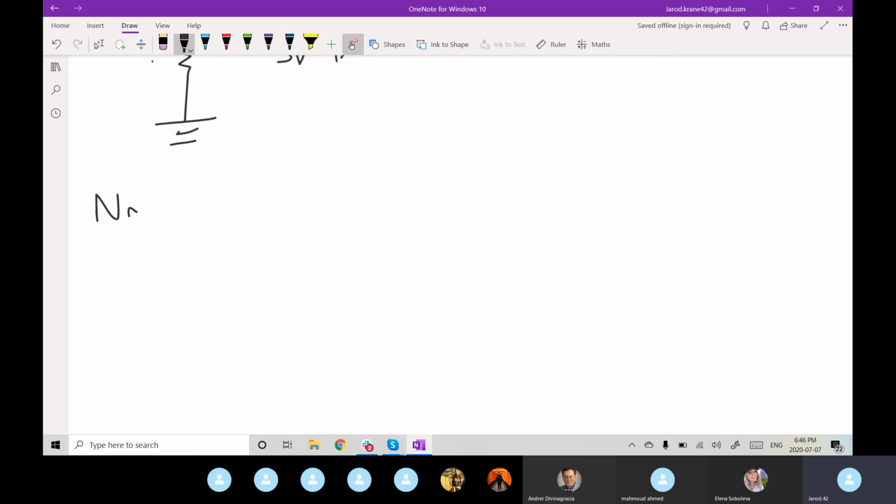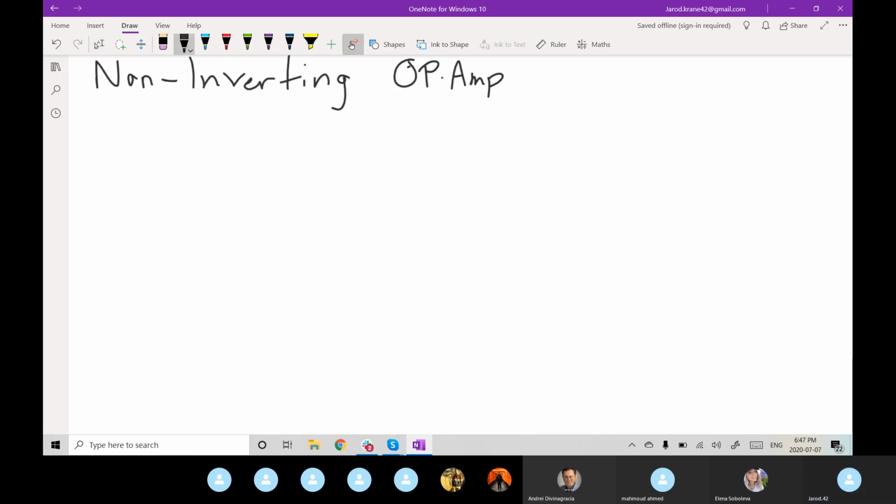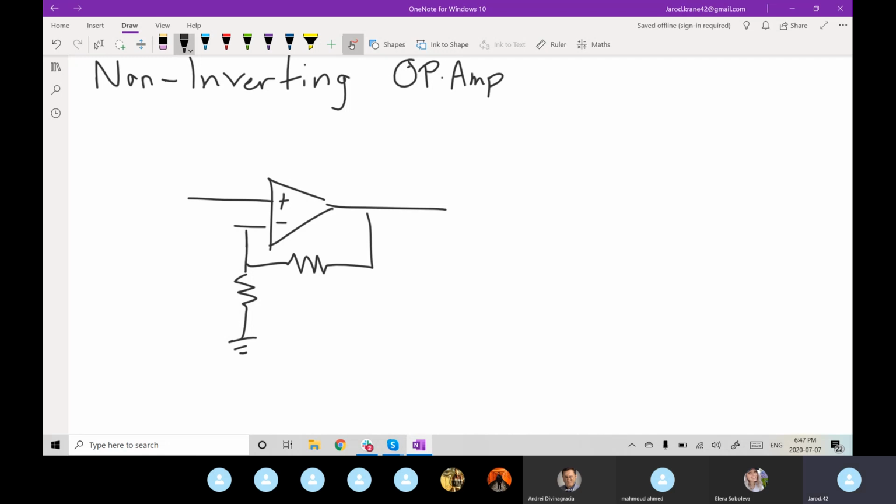So if we now look at a non-inverting amplifier, what we have is we're sending our input to the non-inverting pin, and our output gets tied to our inverting pin through a series of resistors.